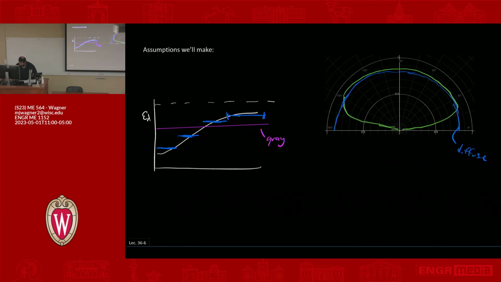So you're covering these intervals with unique values. That means you have to do a separate energy balance for each of these on a given surface. It makes it more complicated, but it lets you get a better estimate of the performance of the surface. We'll call this the semi-gray approximation. We'll try to talk about both of those in the class here.